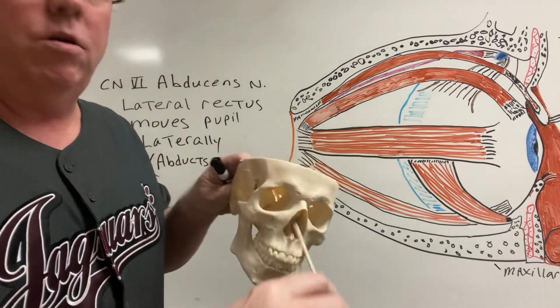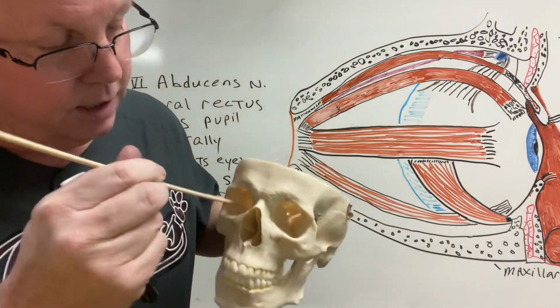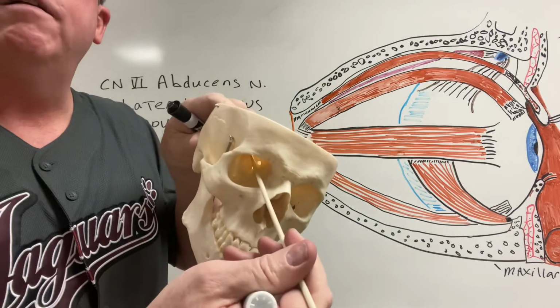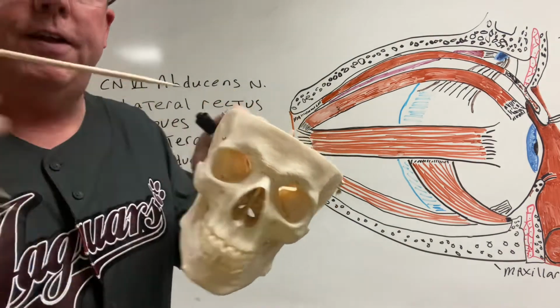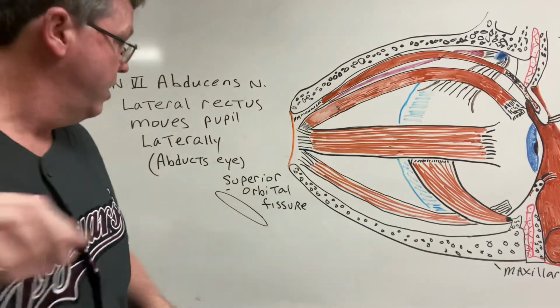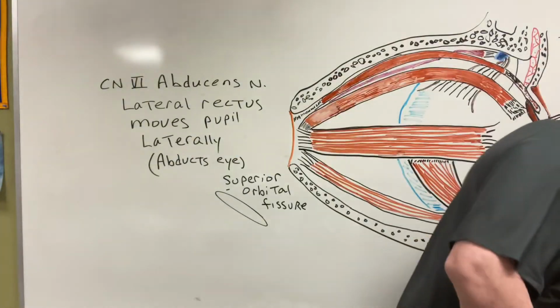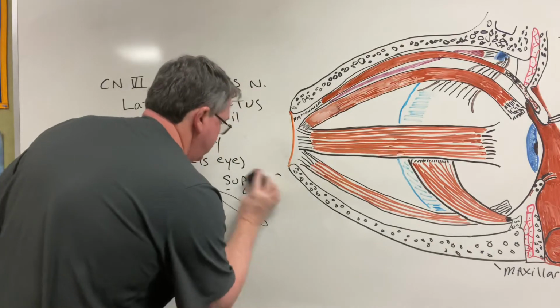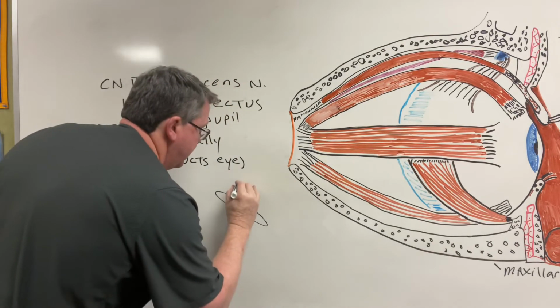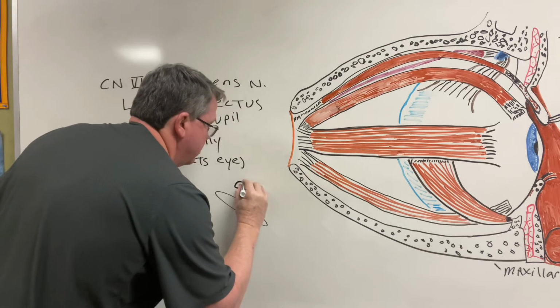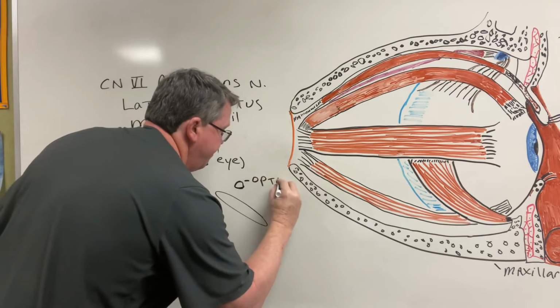And then that's going to be my optic canal right there. The optic canal is where the cranial nerve is. Oop, and I should have drawn this just a little bit different. I'm going to draw my optic canal right here. So this is my optic canal.